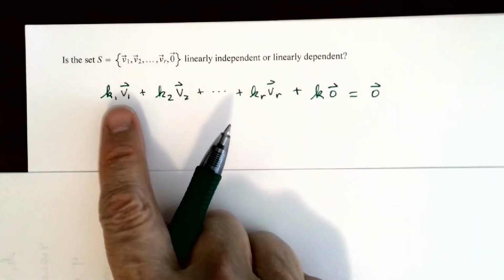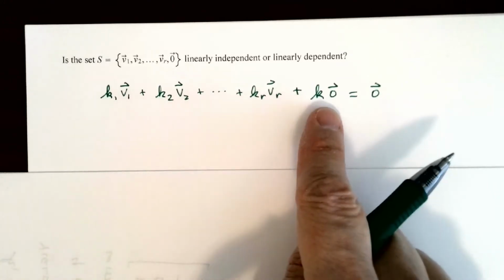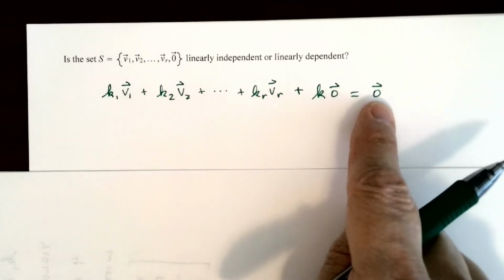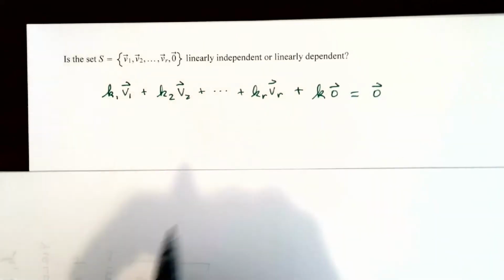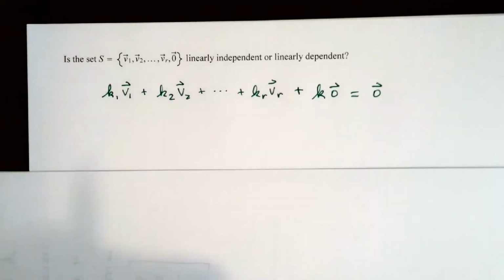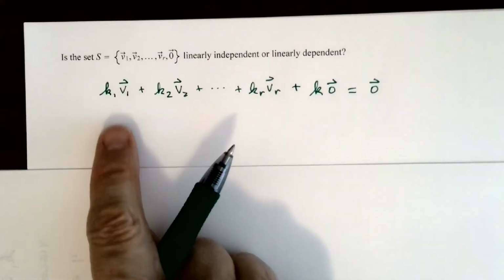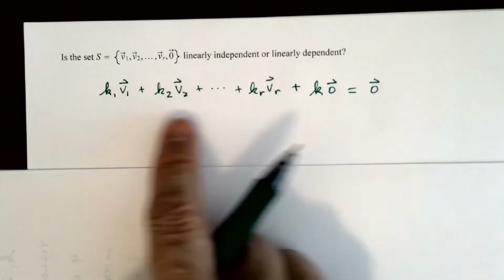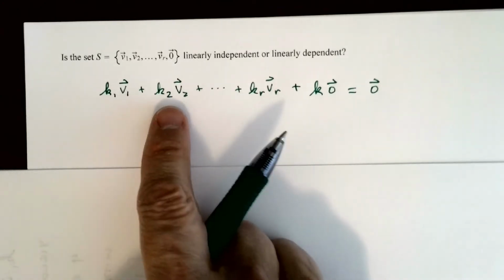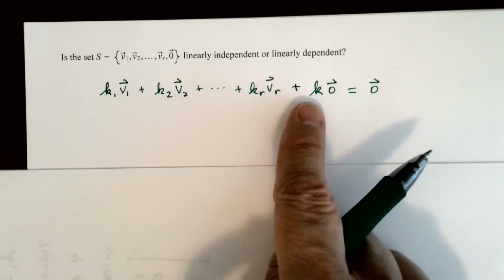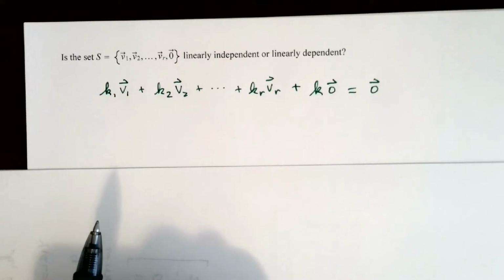Remember, if K1 through KR and K are all 0, we have a solution, because that's the trivial solution that always exists. The question is, is that the only solution? If that's the only solution, then they're linearly independent. But if there's a non-trivial solution, one in which at least one of these coefficients is not 0, then the vectors are going to be linearly dependent.